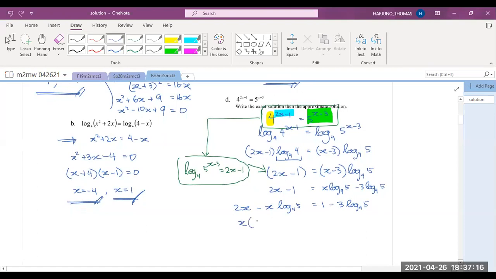Factor the x. So x is equal to 1 minus 3 log base 4 of 5 over 2 minus log base 4 of 5. That is our exact form.